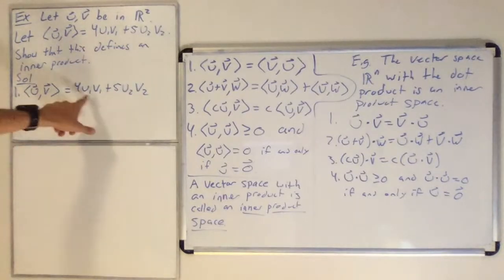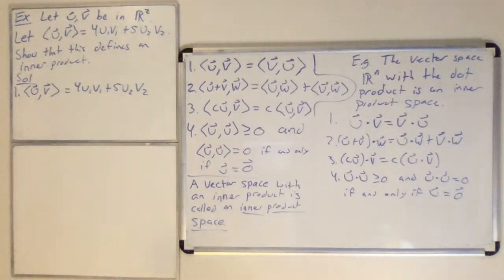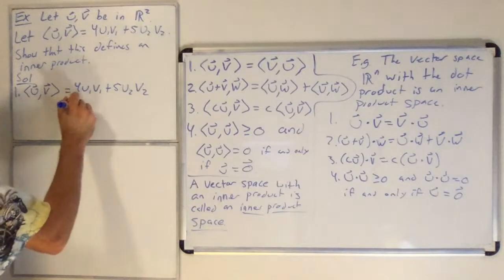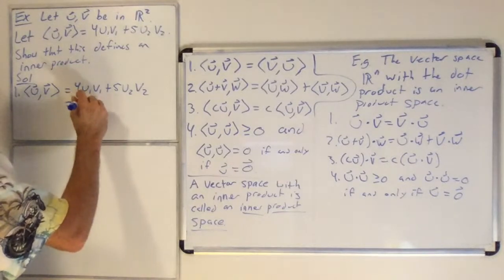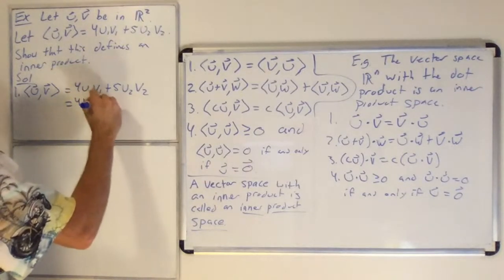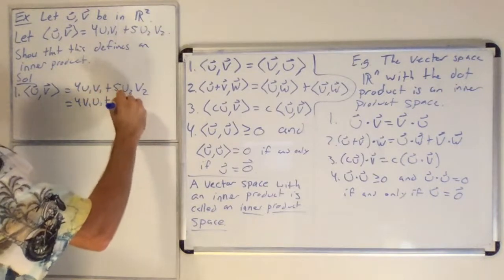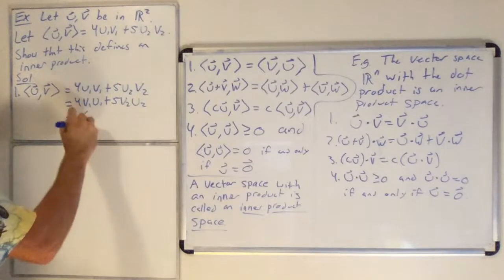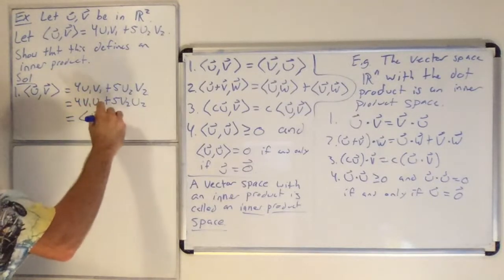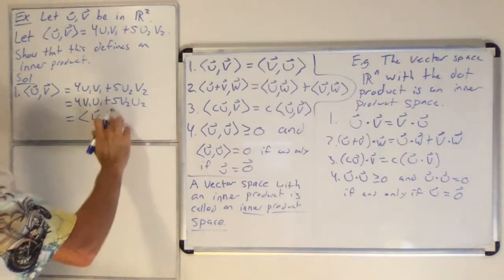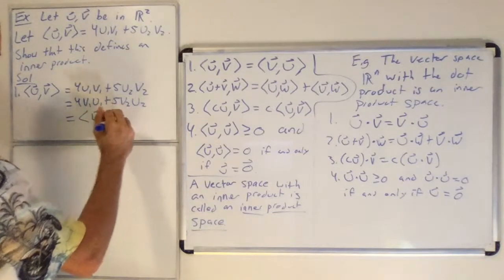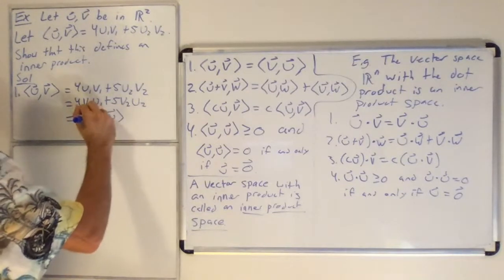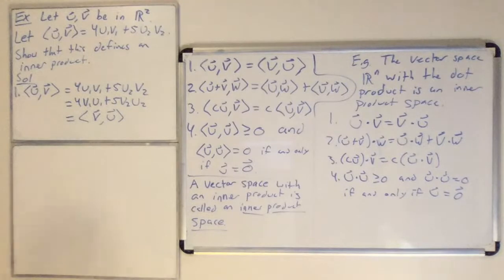Because this is just multiplication of numbers. And this is V dot U, or V times U. Okay, so condition 1 holds.